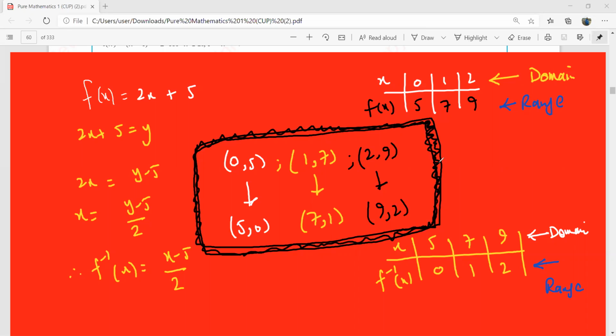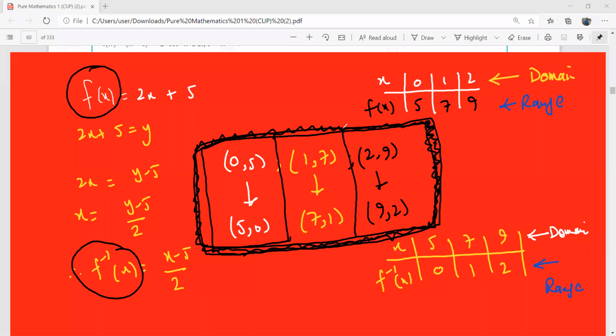Sir, this is the inverse of the other. We know that because this is the f of x, this is the f inverse of x. Okay, let me narrow it down. If you look at this pair of points, what is coming in your mind?